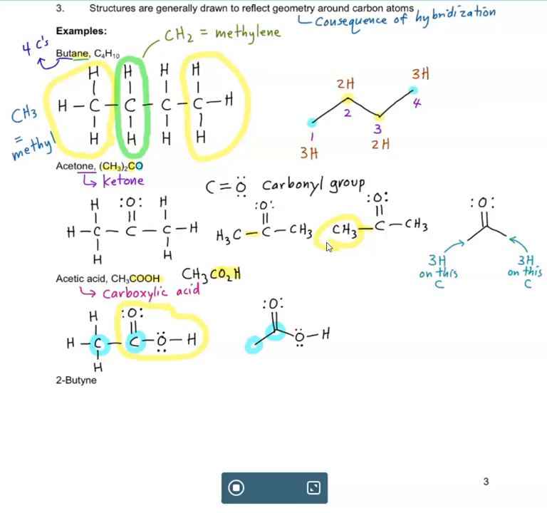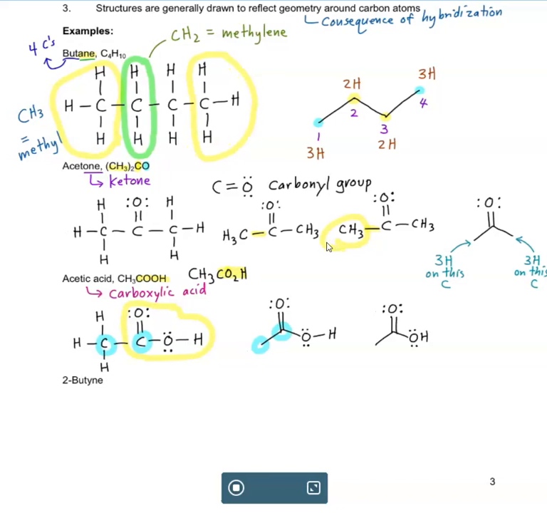Now, another thing that you can do when you have a hydrogen that's attached to a heteroatom, you don't necessarily have to draw the bond. If you're just wanting to show the structure, you don't really need to draw the bond in all cases between the heteroatom and the hydrogen. So on the right, I've drawn an alternate way of drawing acetic acid, which is also correct.